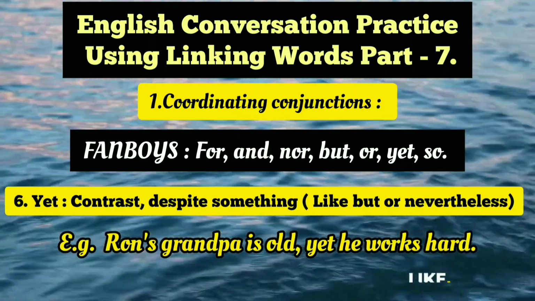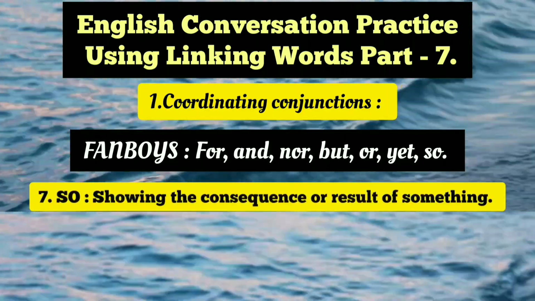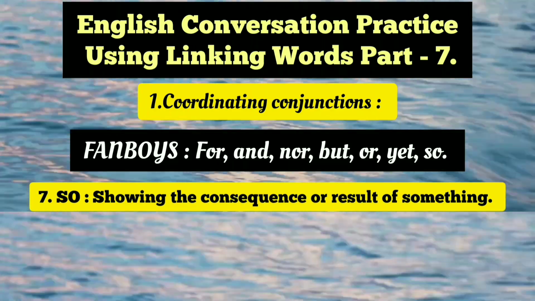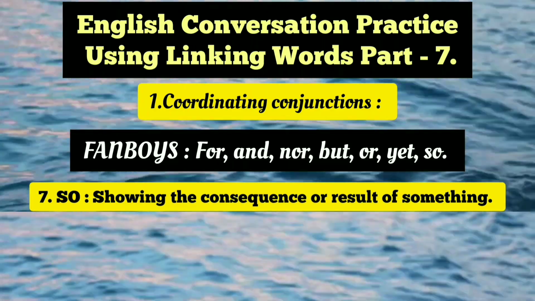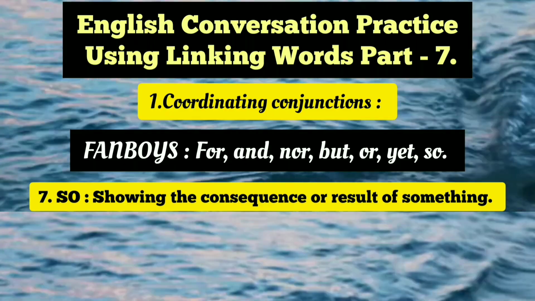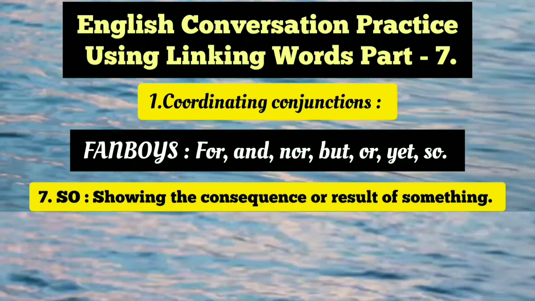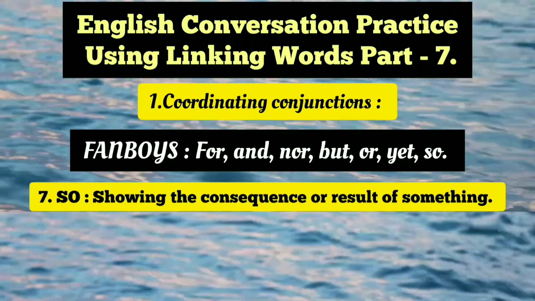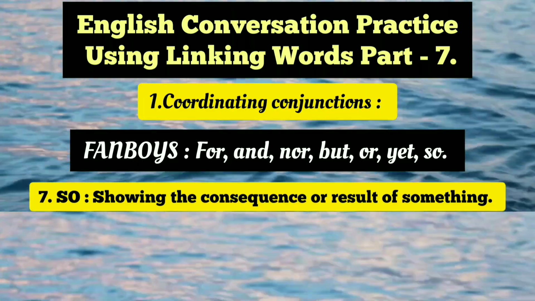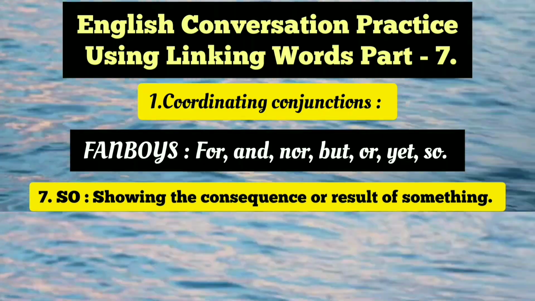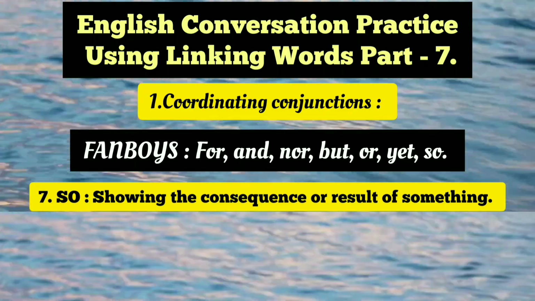Up next we will see the last of the seven important coordinating conjunctions. As you know, fanboys, the last letter S stands for so. We use so to show the consequence or result of something. When you join one clause with another clause, it talks about the result of something, not the reason. In case of reason we do not use so.